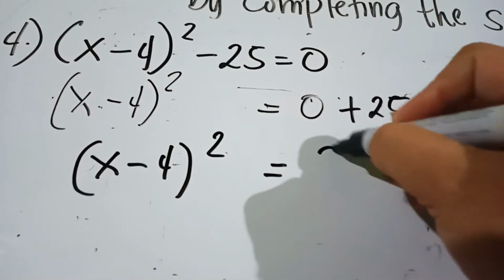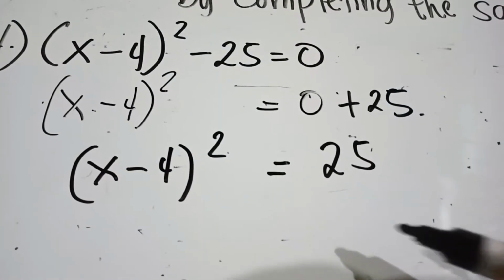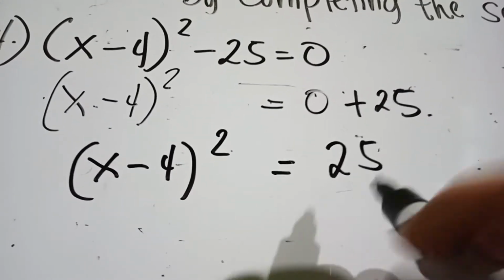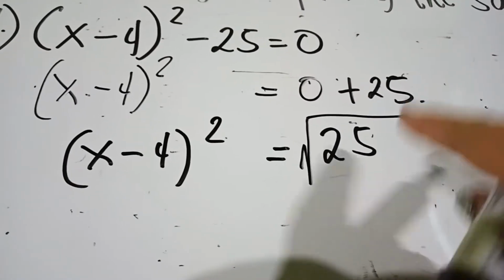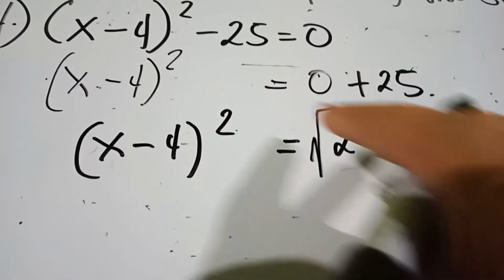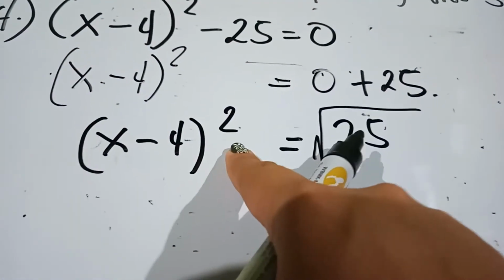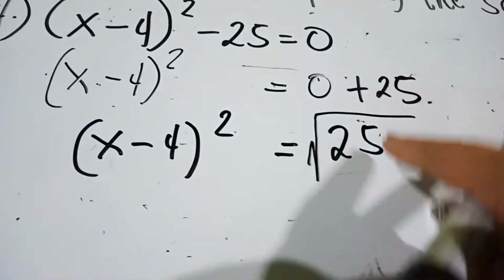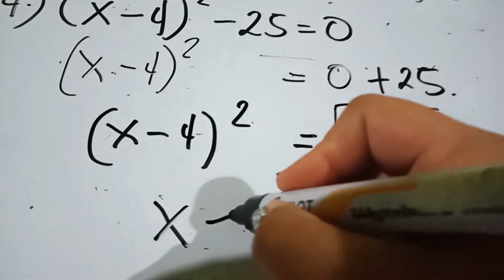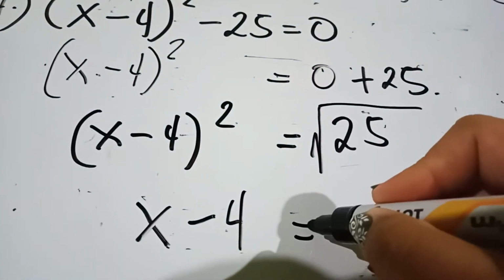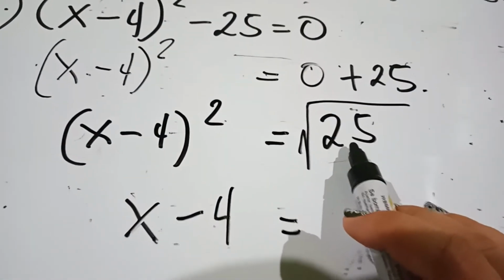The answer is 25. Gawin natin ay square root natin si 25. Kapag kinuha natin ang square root nito, ibig sabihin matatanggal na rin ang square dito dahil ang kabaliktaran ng squared ay square root. So, magiging x minus 4 is equal to, what is the square root of 25?